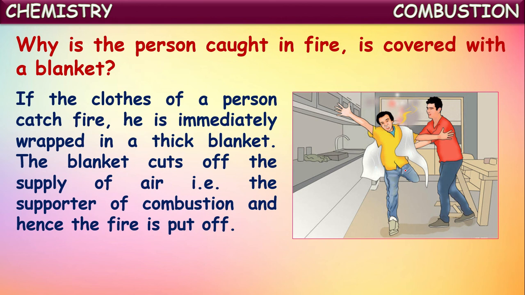Because the blanket cuts off the supply of oxygen for further burning. We know that for burning, there must be a supply of air or oxygen gas. In the presence of oxygen gas only, these fuels will continue burning. So if you cut off the supply of oxygen, the burning will be put off immediately.